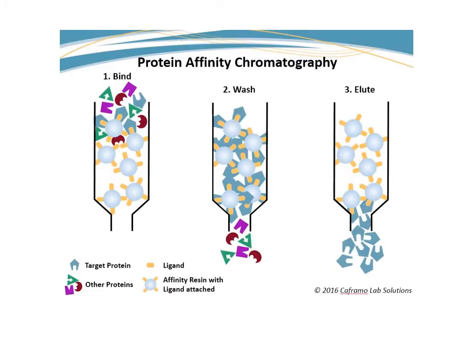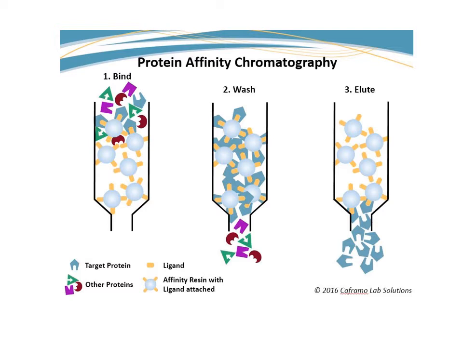Okay, so what we're representing here is a mixture of proteins that contain your protein of interest. And we're going to pour it over a matrix in a column such that the matrix contains a substance to which the protein of interest can bind, indicated by the little orange things on the round beads.